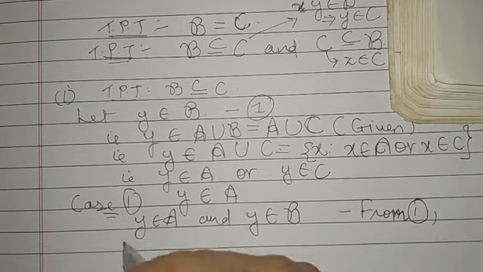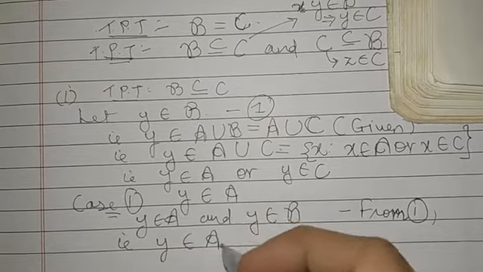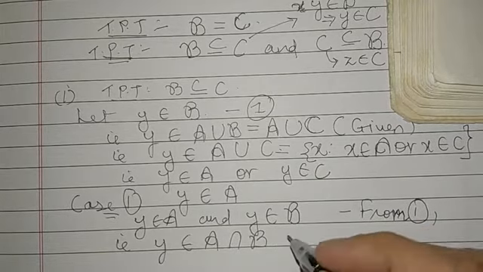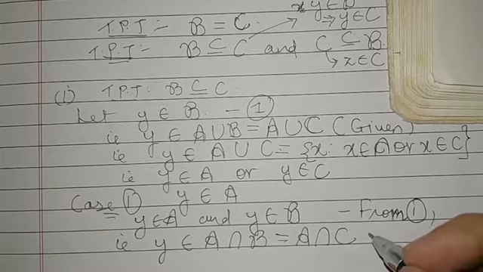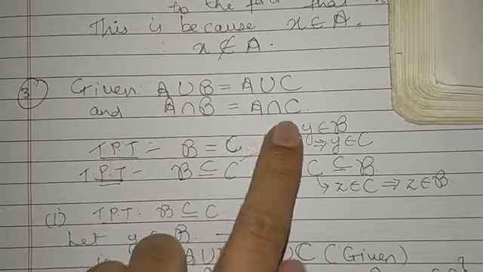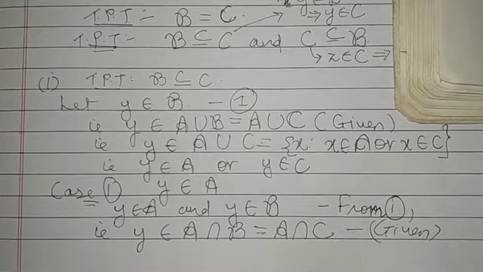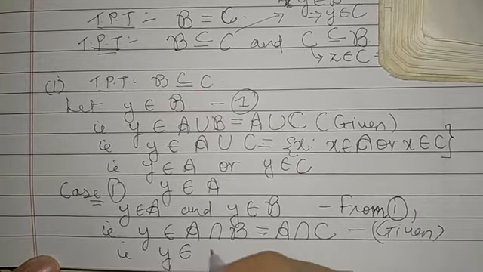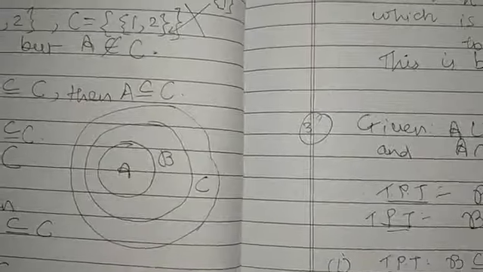So since Y belongs to A and Y belongs to B, we get Y belongs to A intersection B. But A intersection B is equal to A intersection C. This is given to us here: A intersection B is equal to A intersection C. So you got Y belongs to A intersection B, which is equal to A intersection C, that is Y belongs to A intersection C.